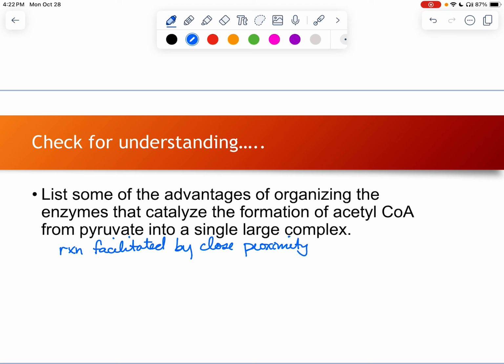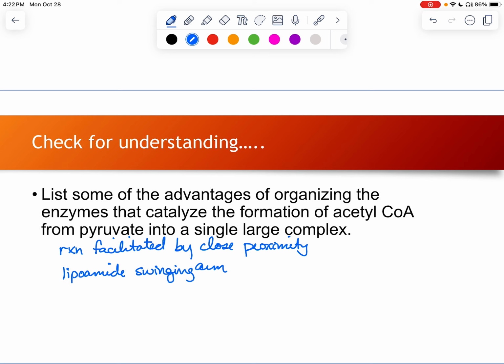They're all right there close together. And then on top of that, that lipoamide swinging arm also speeds up the process. Rather than waiting for something to diffuse from one active site to the other, this would speed up the process.